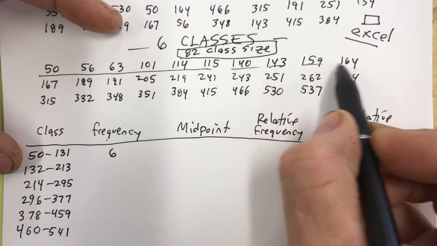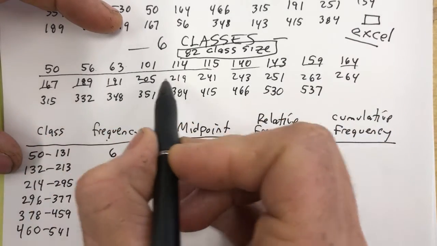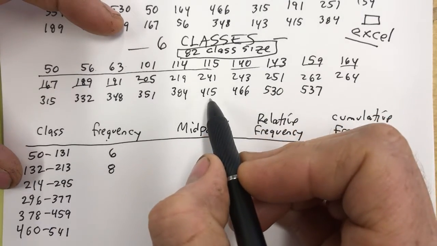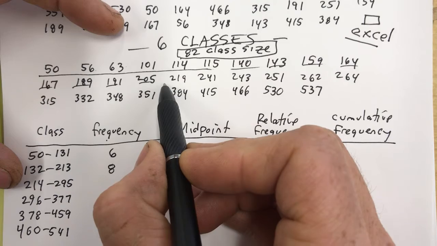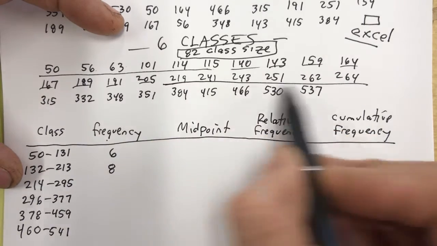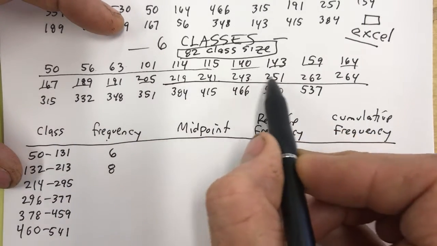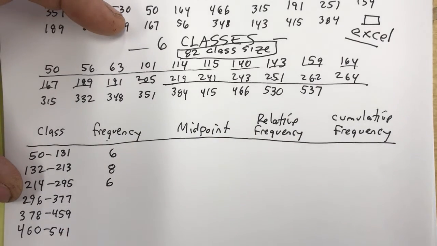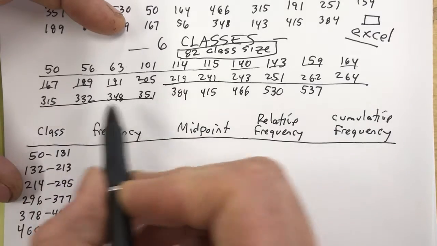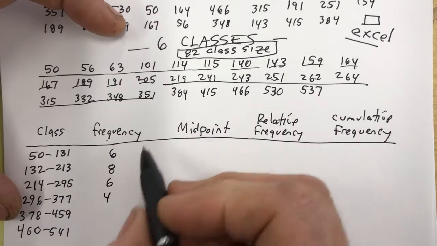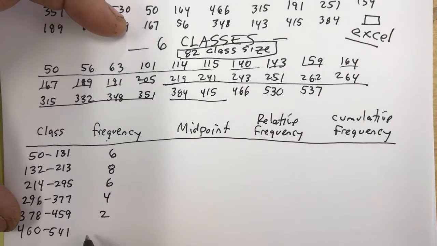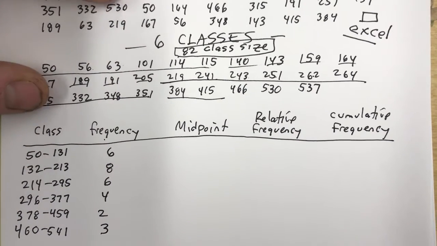So 1, 2, 3, 4, 5, 6, 7, 8. 8 of those. 214 to 295. So 1, 2, 3, 4, 5, 6 of those. 296 to 377. Right there, 4 of those. And then 378 to 459, there's 2 of those. And then in this group right here, there's 3 of those remaining. There's my frequencies.